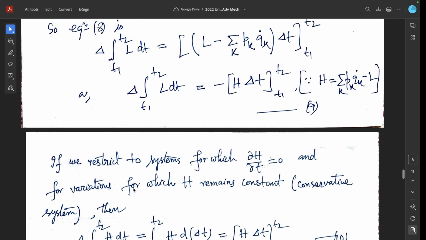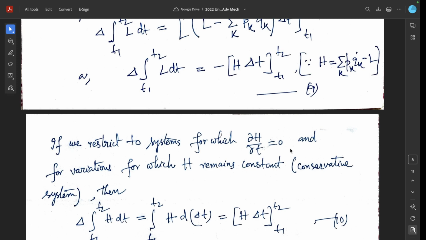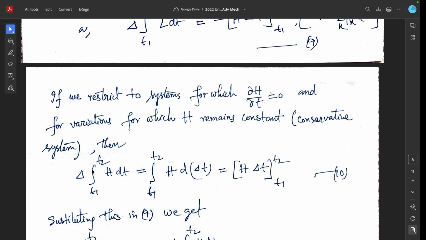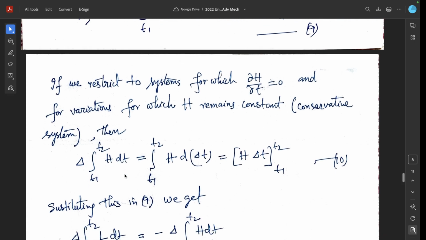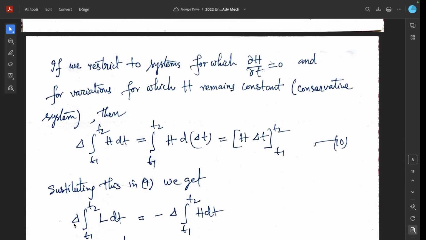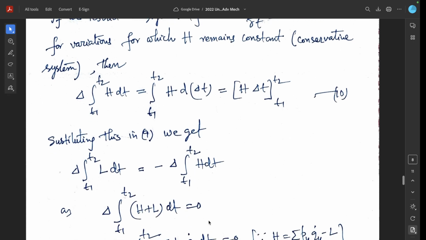If we restrict to systems for which ∂H/∂t = 0, that is, H is not explicitly dependent on t, for variations in which H remains constant, in a conservative system, then Δ∫ from t1 to t2 of H dt equals ∫ H dΔt, which is equal to H Δt between t1 and t2. Substituting this in 9, we get Δ∫ of L dt equal to minus Δ∫ from t1 to t2 of H dt.